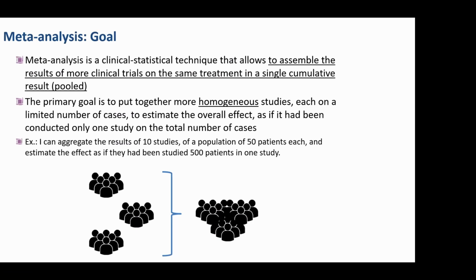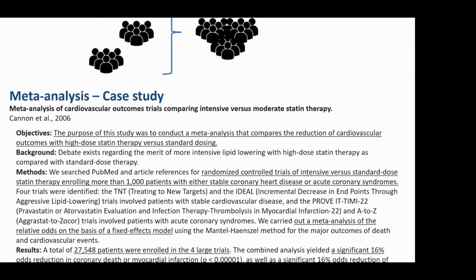In this case, the power of meta-analysis is that it's a statistical process by which you can pull together all these data. The example says you can aggregate 10 studies with 50 patients each, and then you will have more powerful statistics that represent 500 participants, like a single study with 500 participants. So it's a much more powerful result than having a single study. So this is what meta-analysis is for.